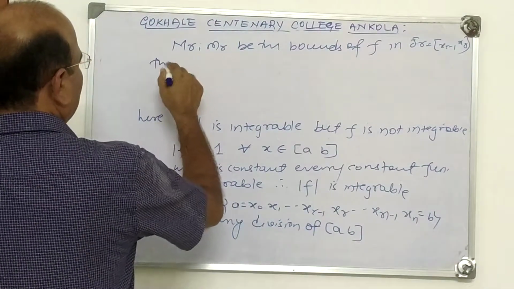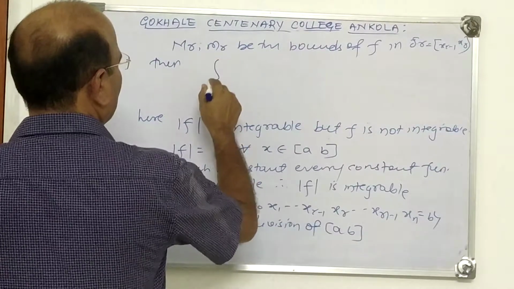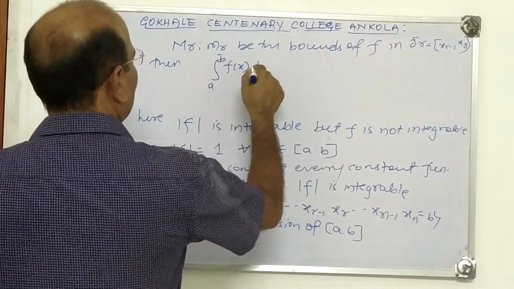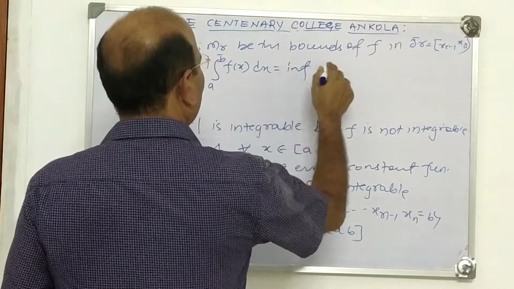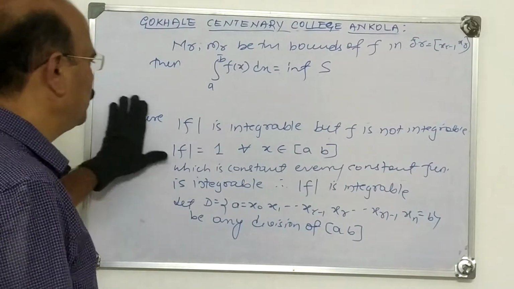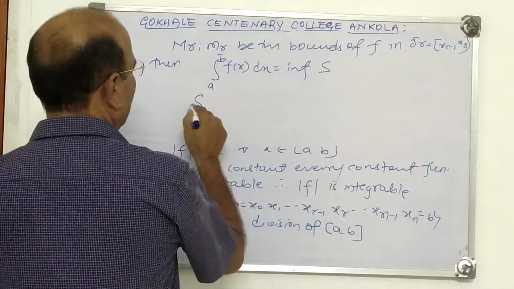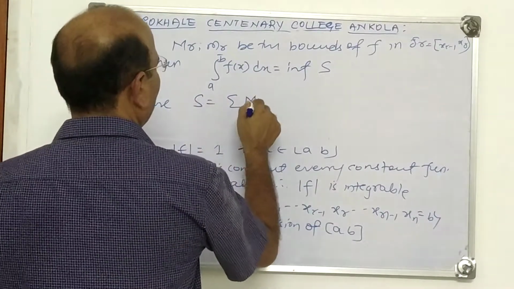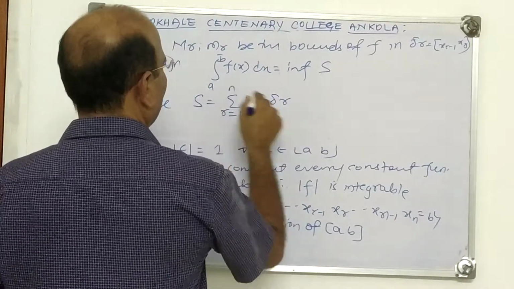Then what is the upper integral from a to b of f x dx? The upper integral is the infimum of capital S, where capital S is sigma capital Mr delta r, r equal to 1 to n.